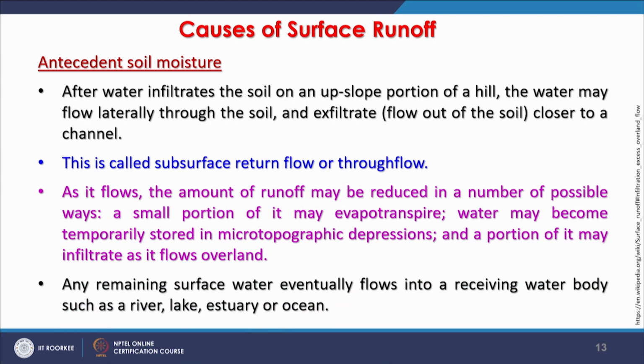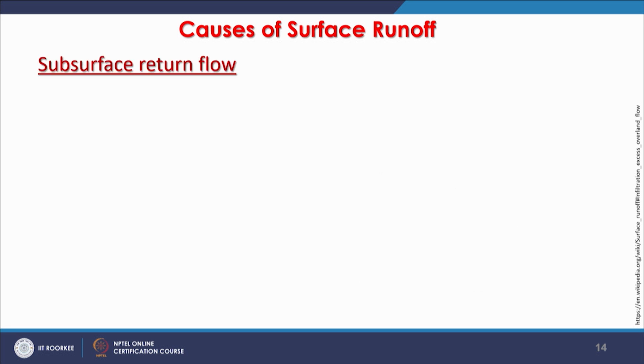So, a lot of things are happening once the precipitation occurs, and depending on topographic conditions, slopes, geology, and land cover, the surface runoff will get influenced. Any remaining surface water eventually flows into a receiving water body such as rivers, lakes, estuaries, or oceans, depending on where this is located and where rain is occurring.